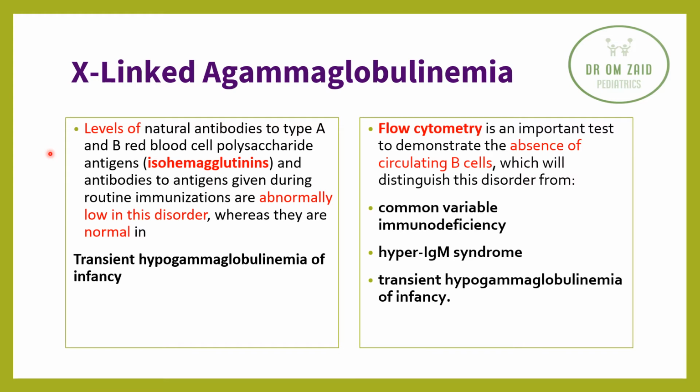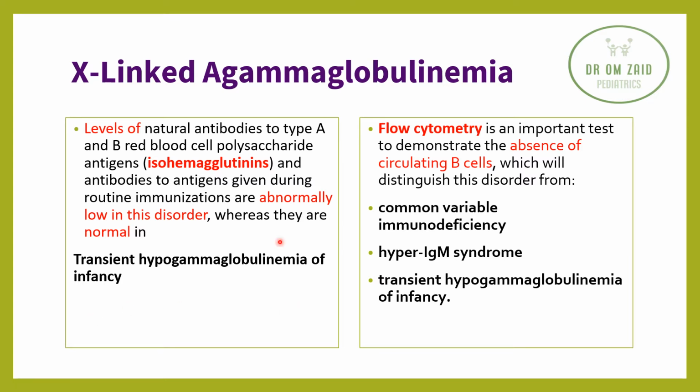In this condition, levels of natural antibodies to type A and B red blood cell polysaccharide antigens, which we call isohemagglutinin, and antibodies to antigens given during routine immunizations are abnormally low, whereas they are normal in transient hypogammaglobulinemia of infancy.